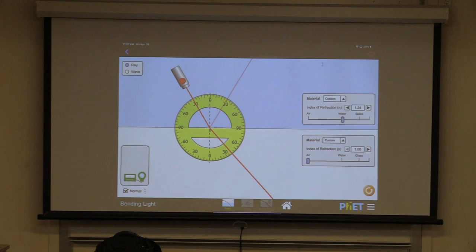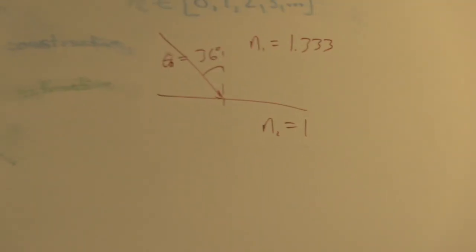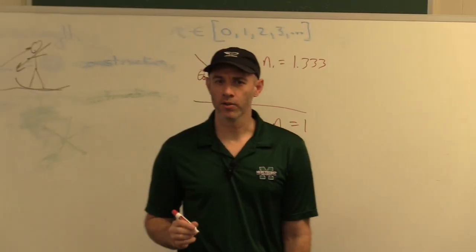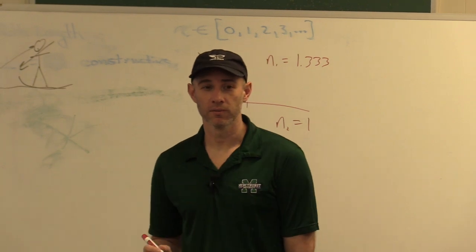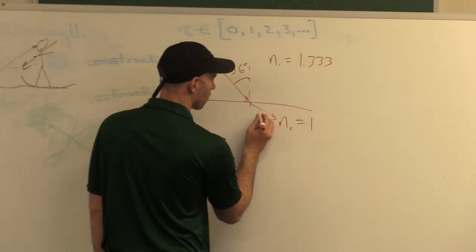What is N2? What does that 36 degrees represent? Theta 1. And what are we trying to find? Is it going to be bigger than 36 or smaller than 36? Okay, so in my sketch, I'll make it a little bigger.